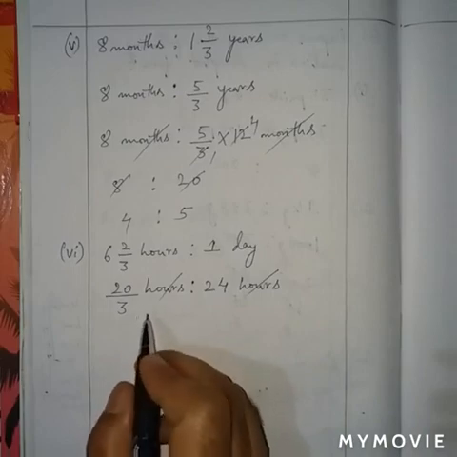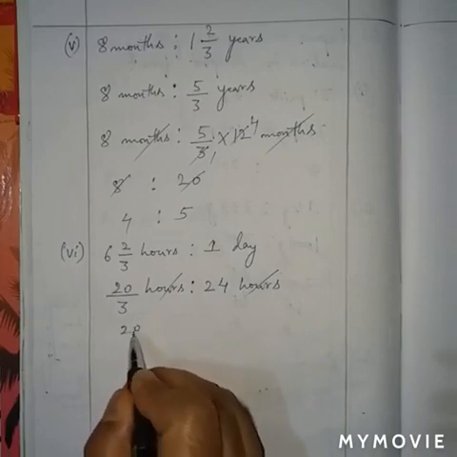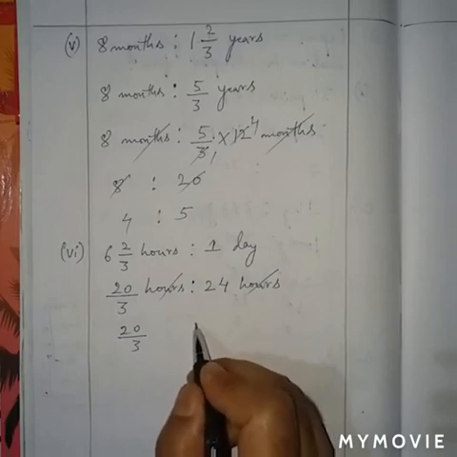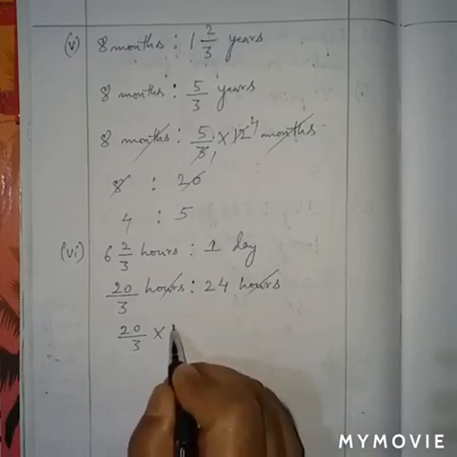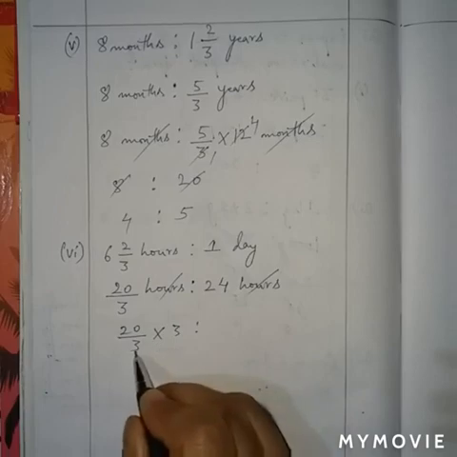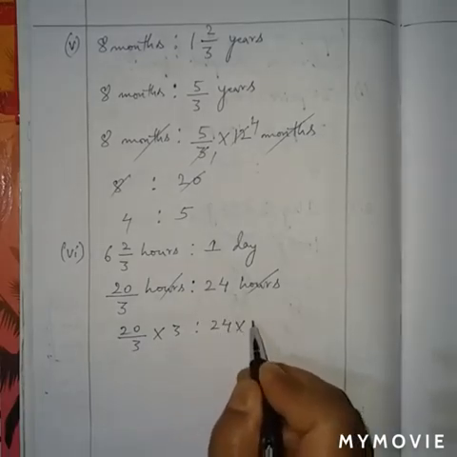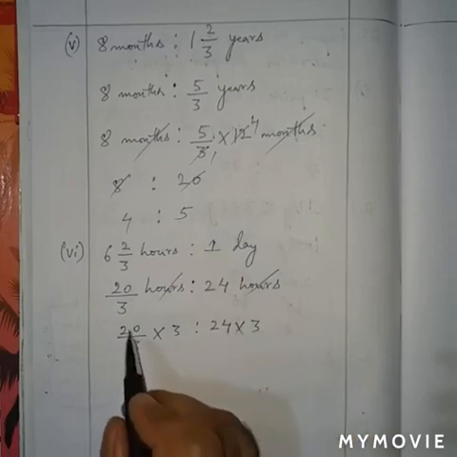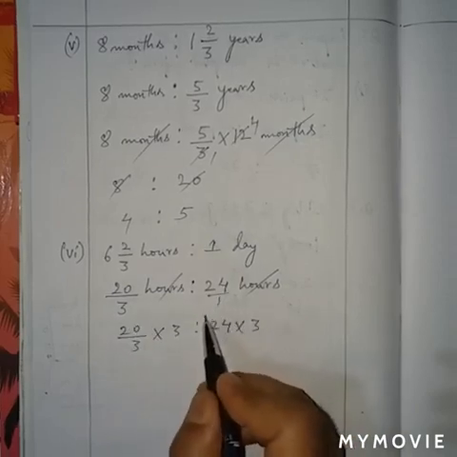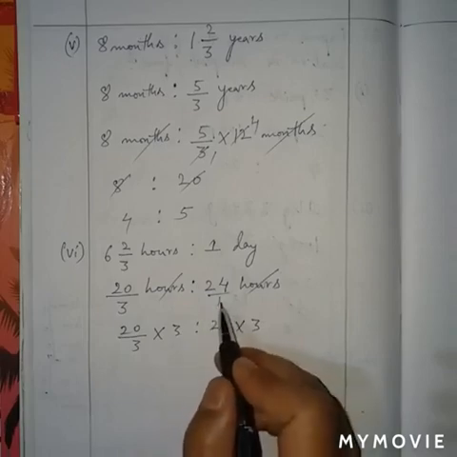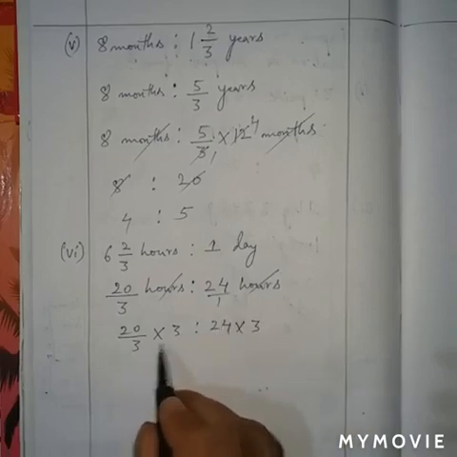Here 20 by 3. Okay, here both sides we will multiply by 3 because we want to remove this 3. You can think that here is 1 and the LCM of 3 and 1 is 3. That is why we are multiplying both the sides by the LCM.